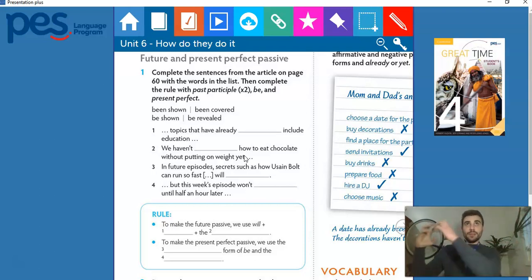Good. But the verb to be needs to show us what is the time of the action, if it's present, past, or future, okay? And that's exactly what we're going to continue doing here. But now we're focusing on future and present perfect, right?